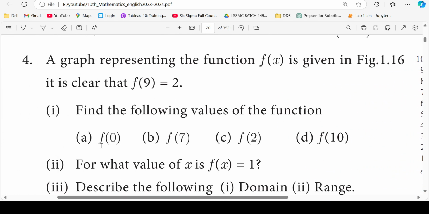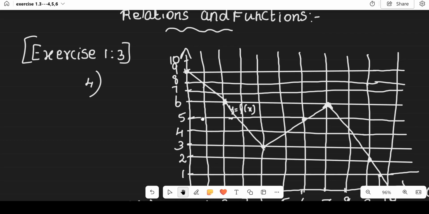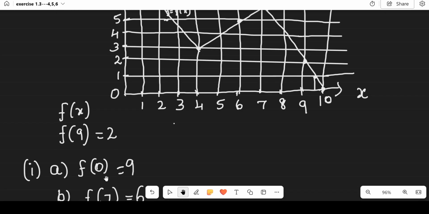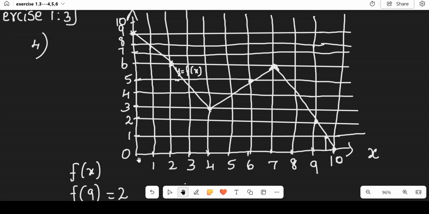And next, we have to find out f of 0. How can we find out f of 0? Here we have the graph. F of 0 means in the x-axis, we need to find the value 0. Here we have value 0. So we need to check at which point the x-axis intersects this function line.